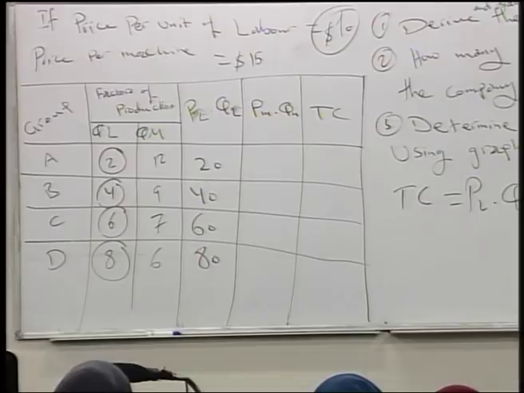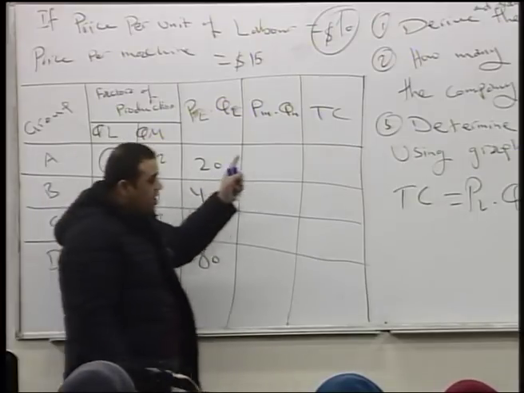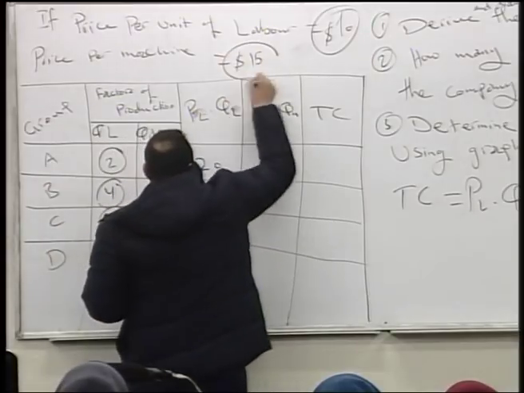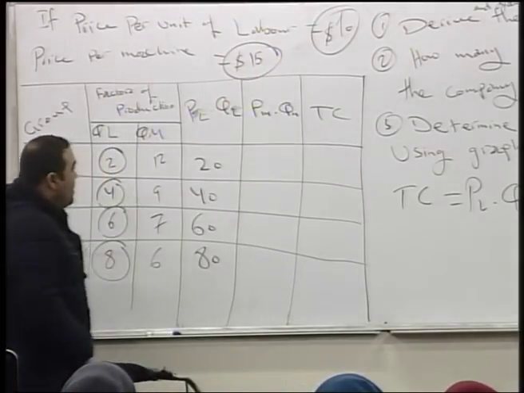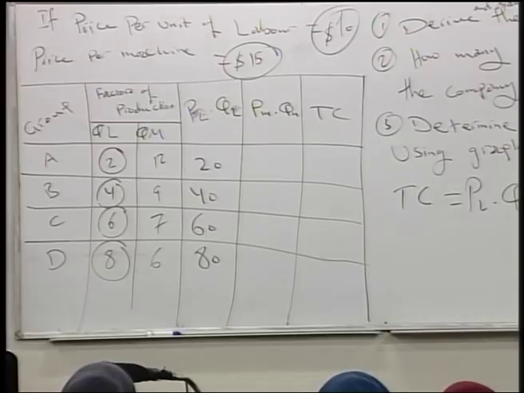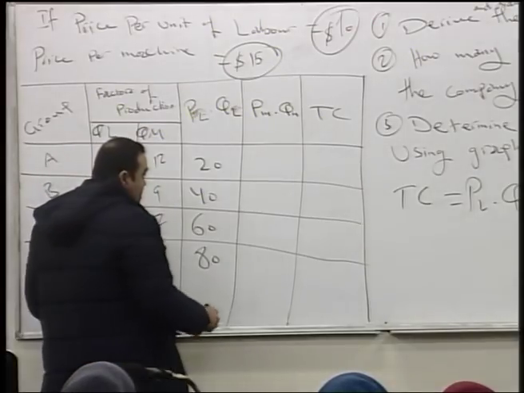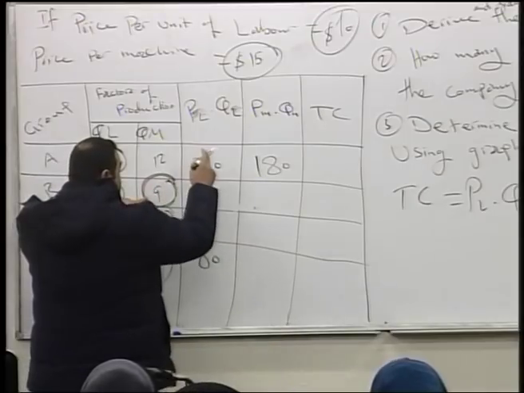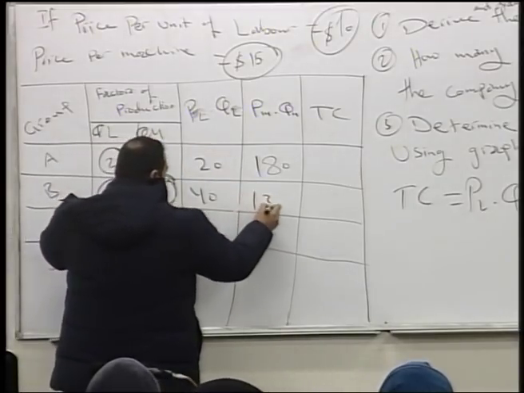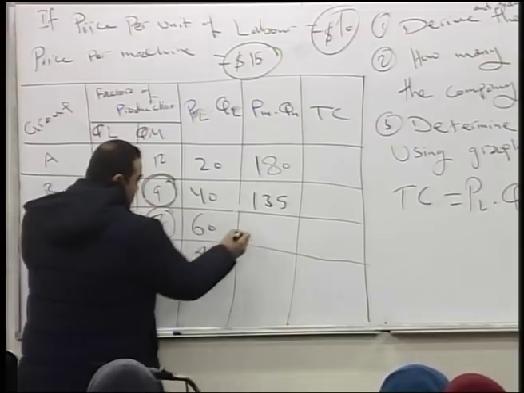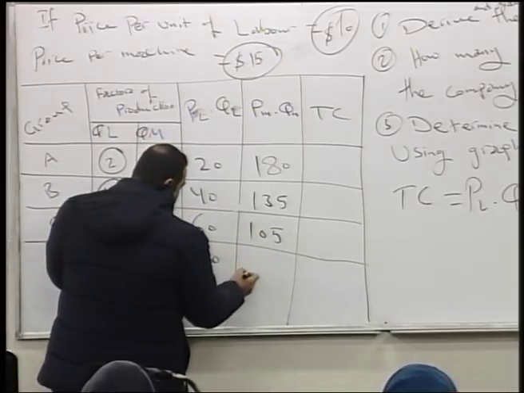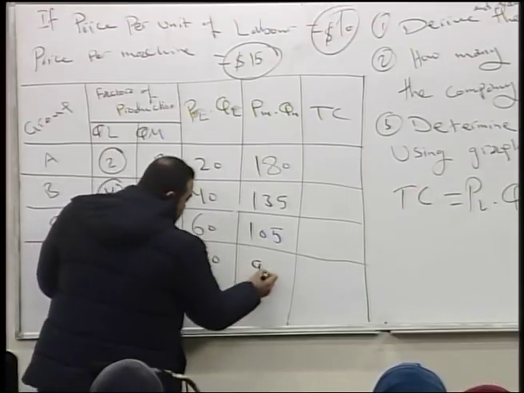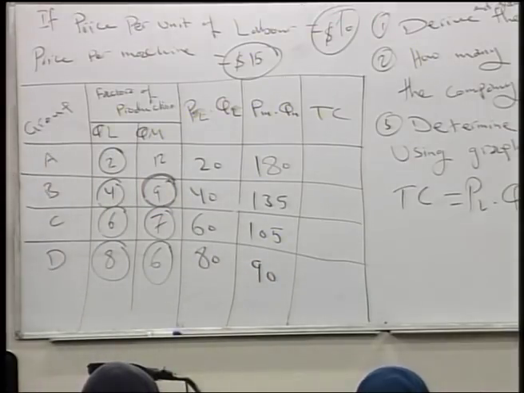Okay. Now the machines. The price per machine equals 15. 15 times 12, 15 times 9, then 6 times 15.